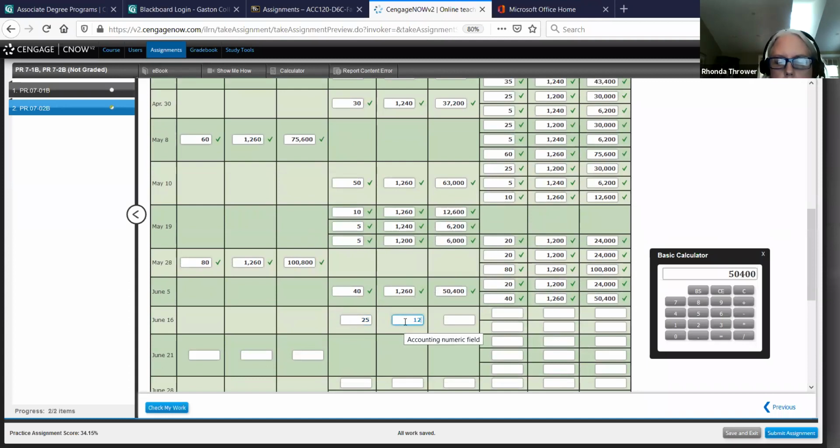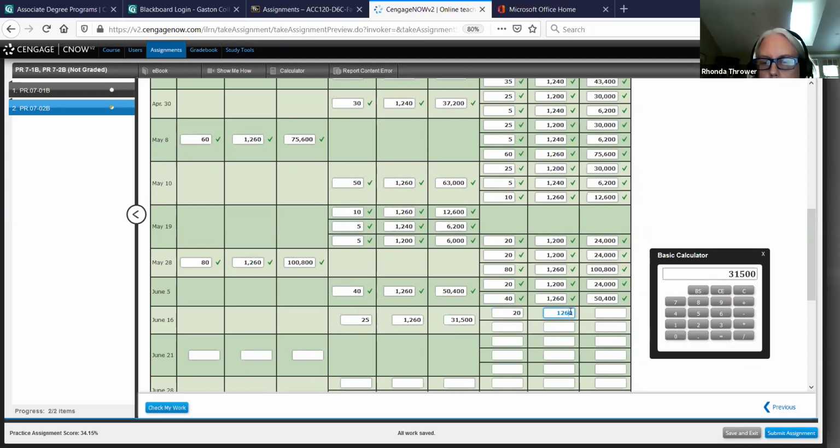The cost per unit is $1,260. You would multiply 25 times 1260, and that will give you 31,500.